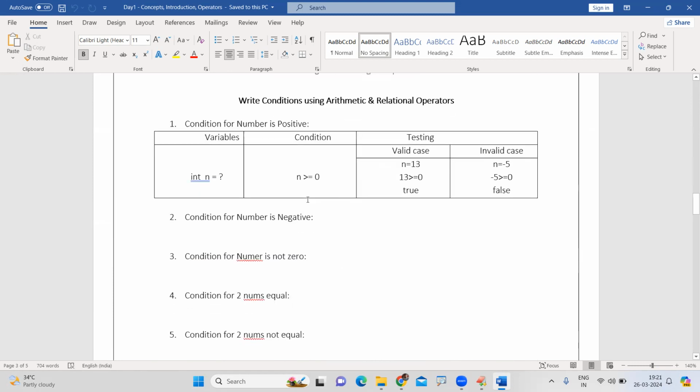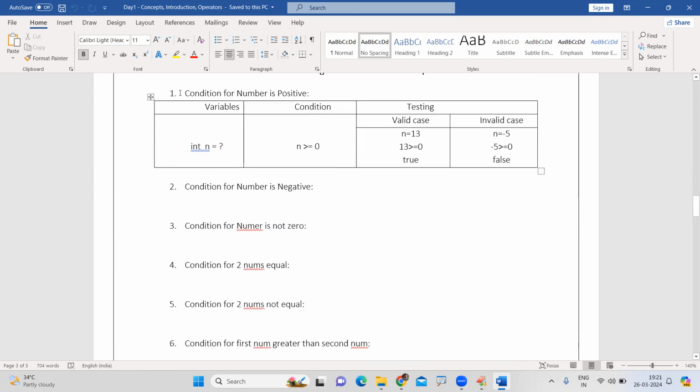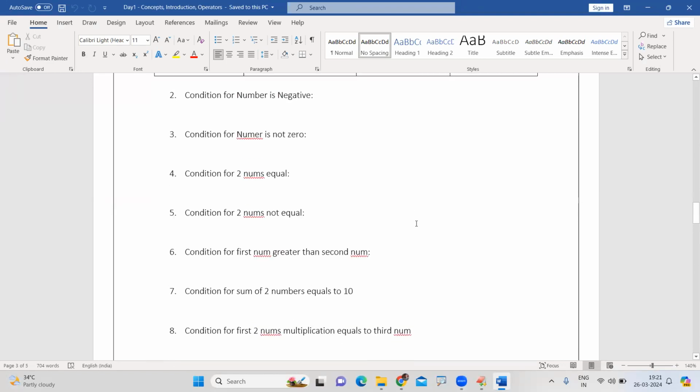Okay. Next, they will ask questions like this. Write the condition for the number to be positive. How can you say that a number is positive? n greater than or equal to 0. Then write the condition to check that the number is negative.